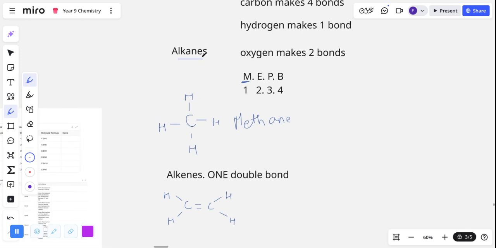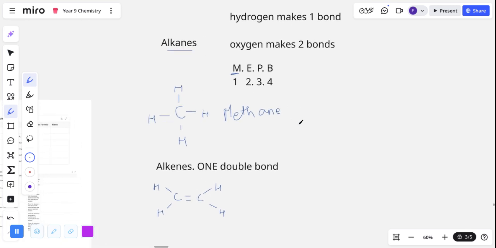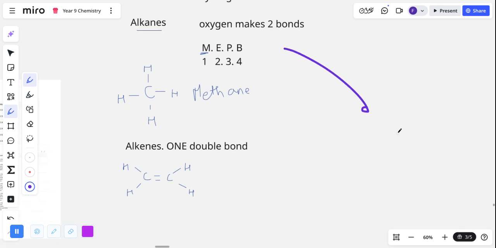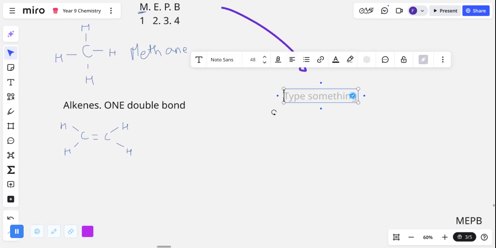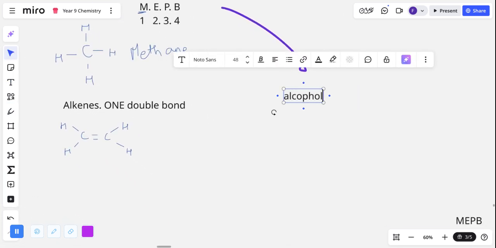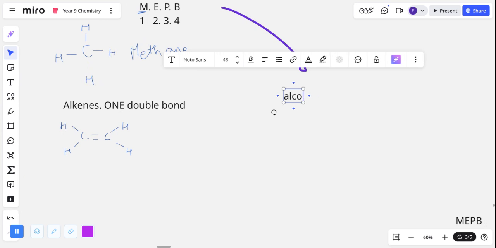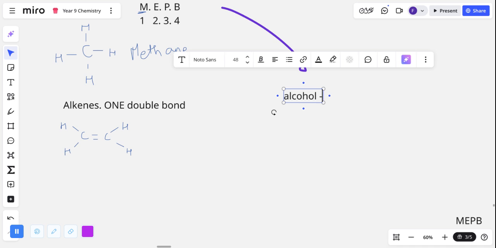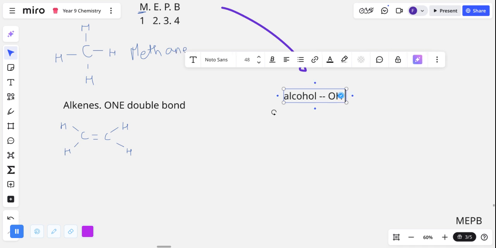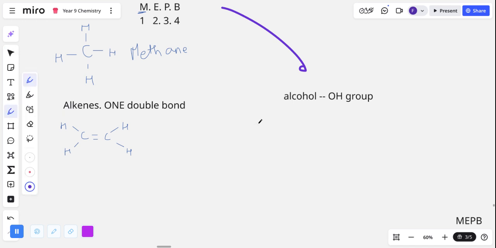Going back to alkanes, I'm going to change to alcohols. An alcohol has what we call an OH group. The smallest of alcohols is 1 carbon with all my bonds.